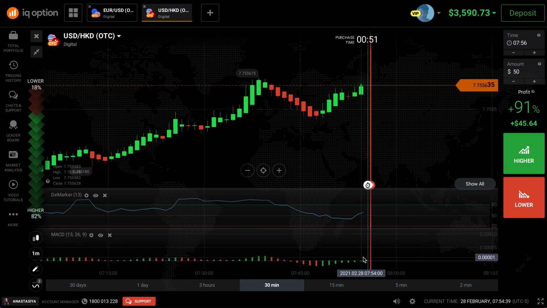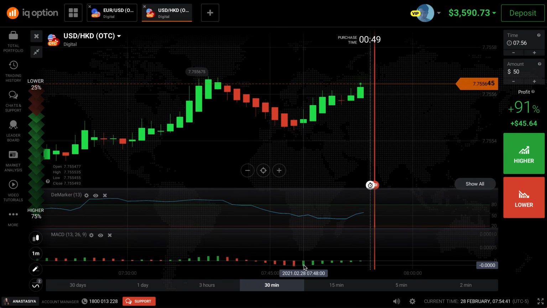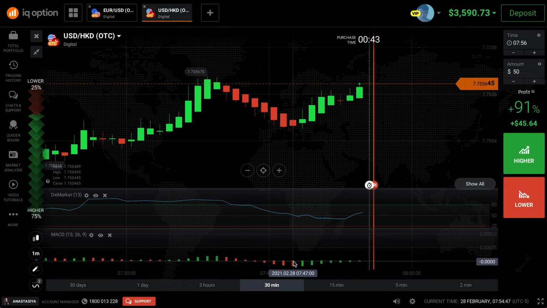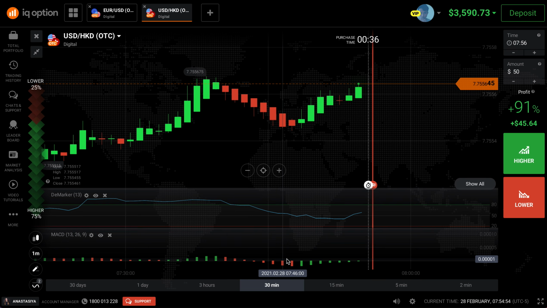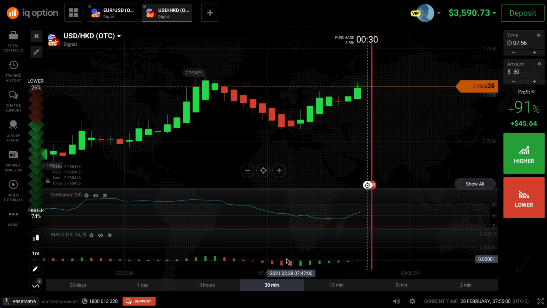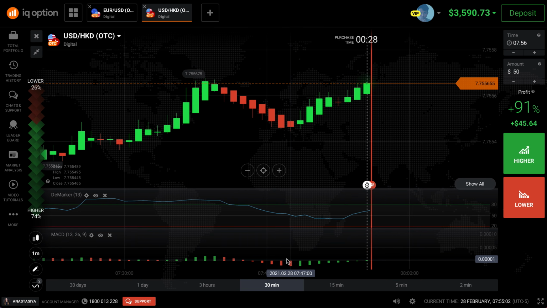So how do we trade with MACD? We look at this small bar line right here. The small green and red bars stay related to the zero line. What does that mean? When it is below zero, it means it's negative, so it is a sell sign, a down sign.